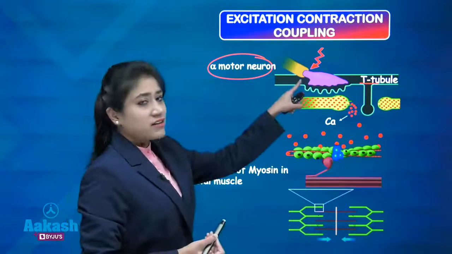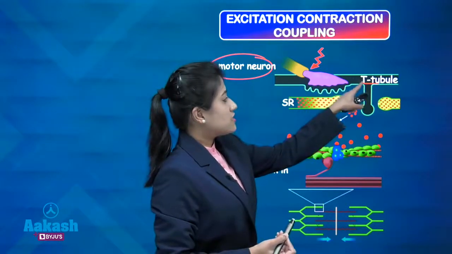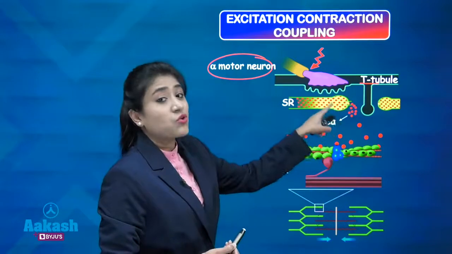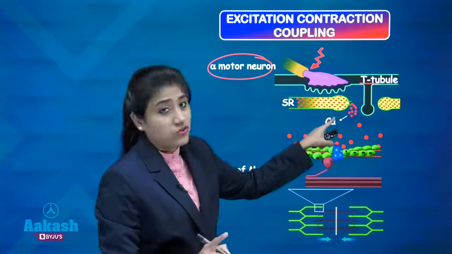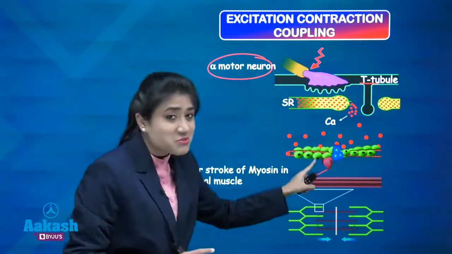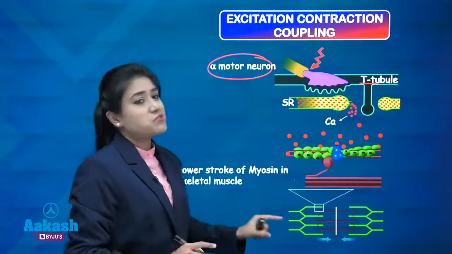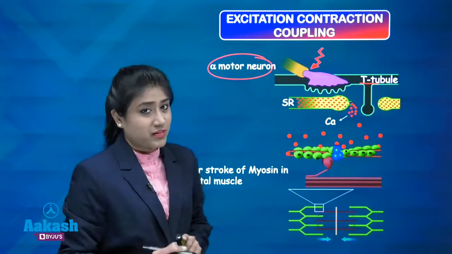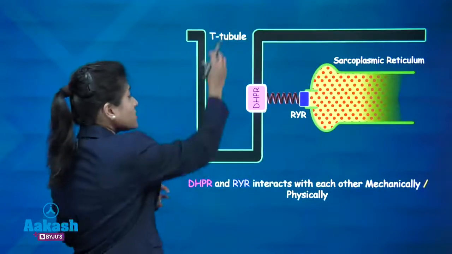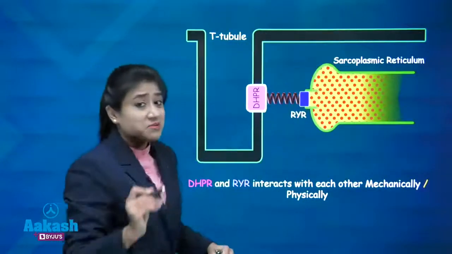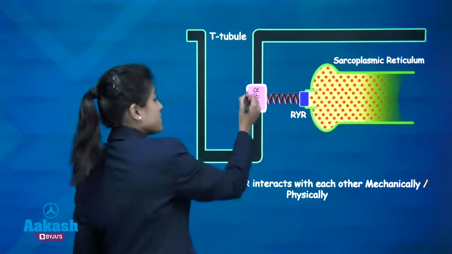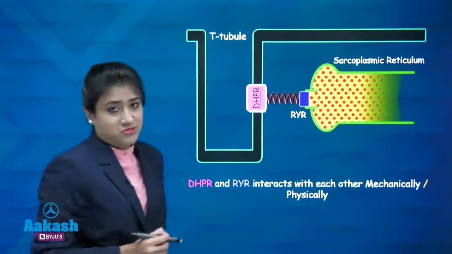Okay. So, here action potential is produced, it travels along the T tubule, it causes release of calcium from the sarcoplasmic reticulum, not mitochondria. Now, this calcium binds with troponin tropomyosin complex leading to muscle contraction. One more thing you should remember guys: if this is your T tubule, then in case of skeletal muscle, in the T tubule you have the DHPR receptor.